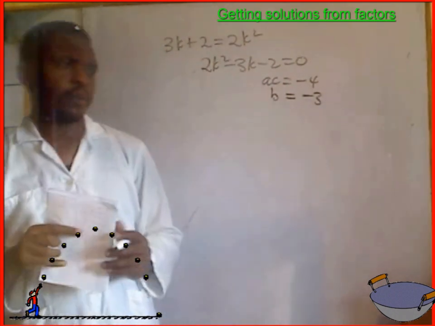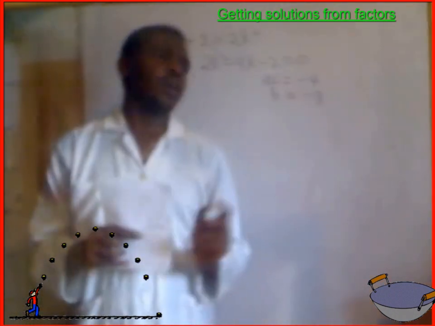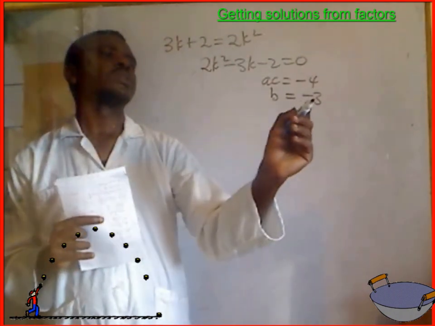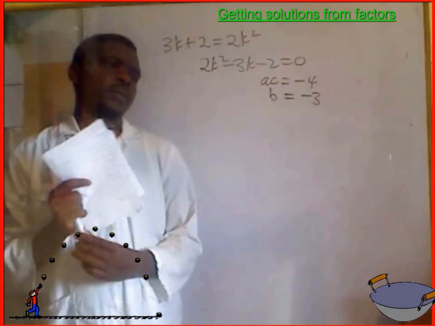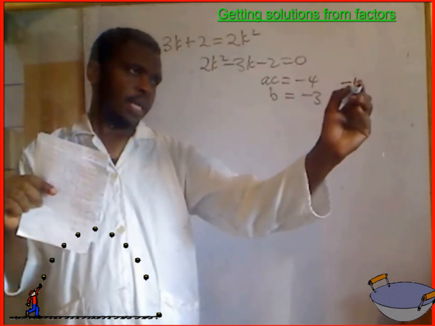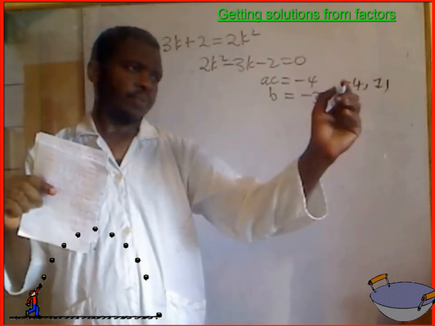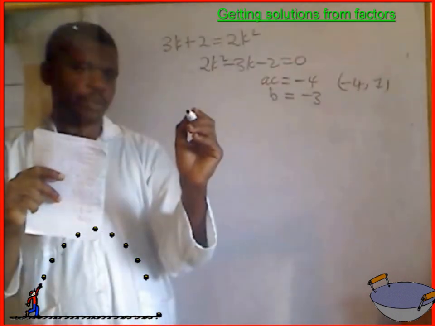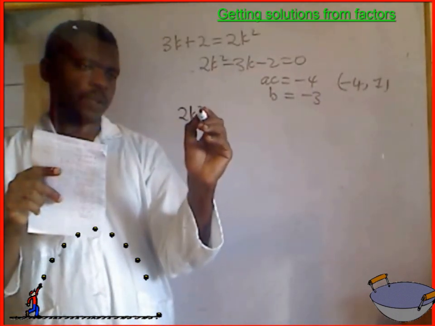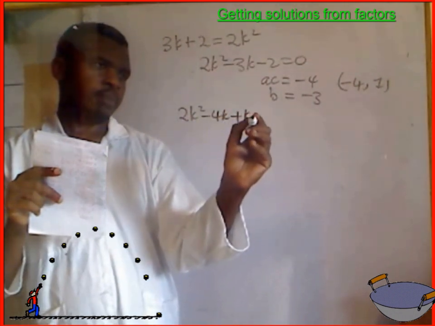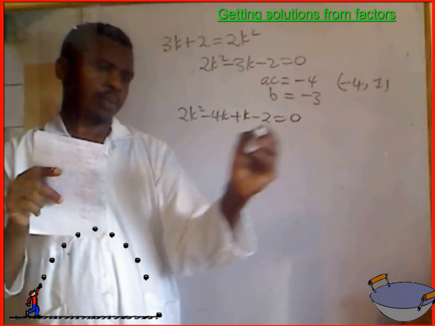Now I ask myself, what two factors of minus 4 that when added will give us minus 3? So these two factors will be minus 4 and 1. I use these two factors to rewrite my expression. This will be 2k squared minus 4k plus k minus 2 is equal to 0.